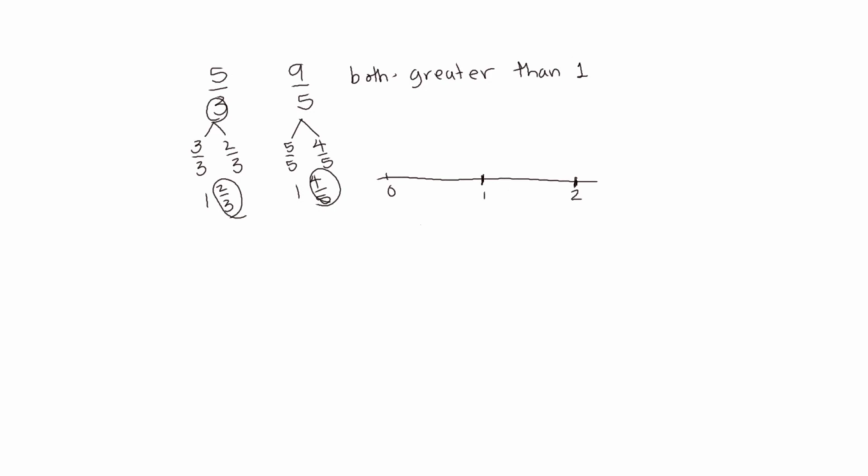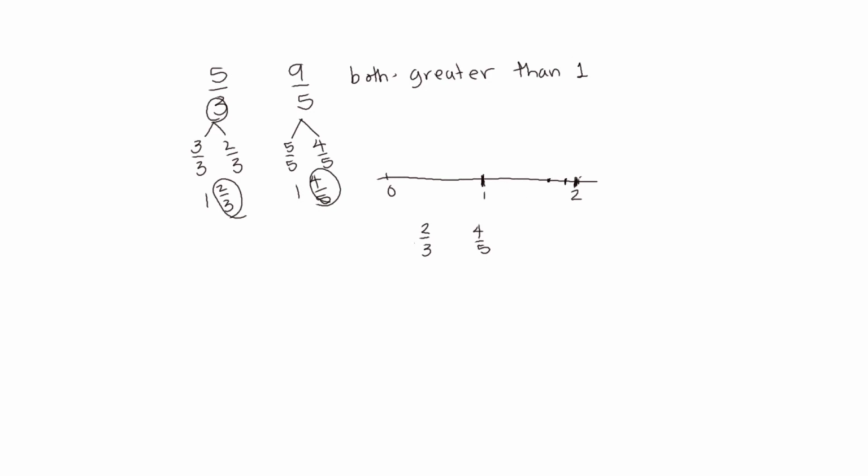And we're going to take what we've learned about comparing these two fractions, 2/3 and 4/5, and think of the space between here and here. Where would 2/3 and 4/5 be? Well, we know 2/3 would be around here. 4/5 would be almost another whole, so it'd be closer to here.